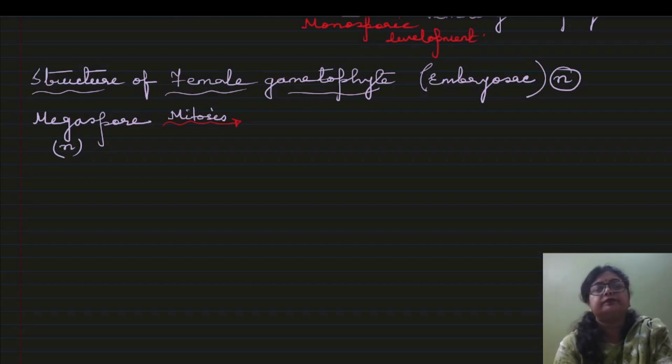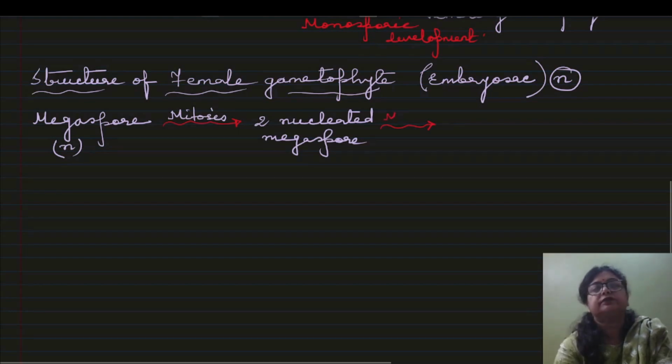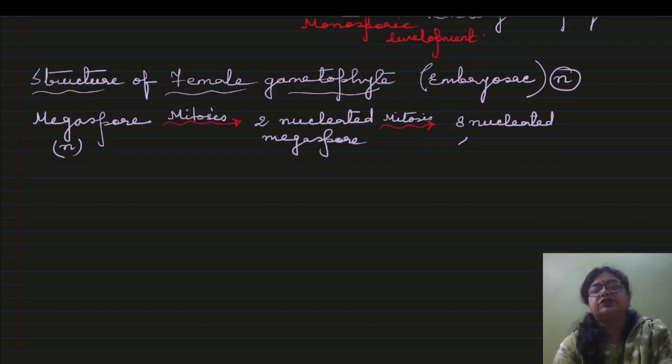Then it will form a 2 nucleated megaspore. Then after another consecutive division of mitosis, ultimately it will form an 8 nucleated structure.